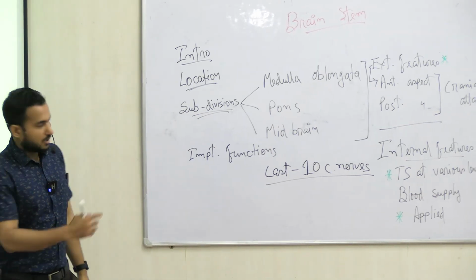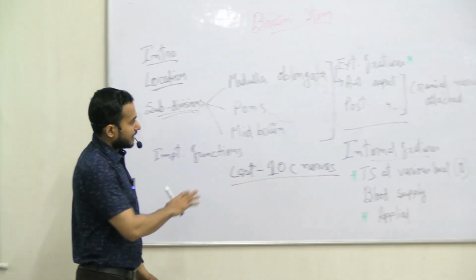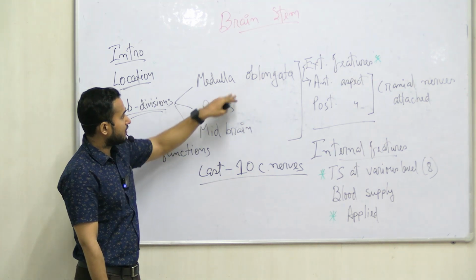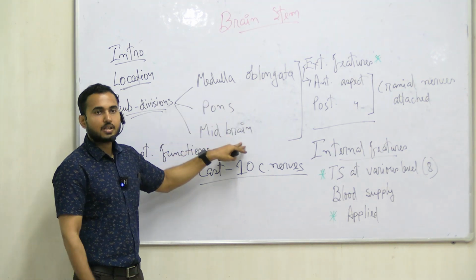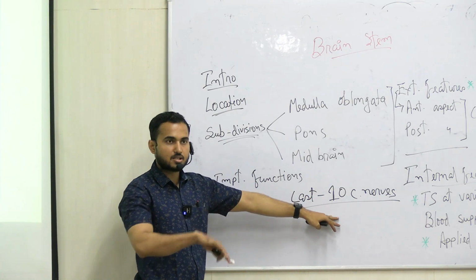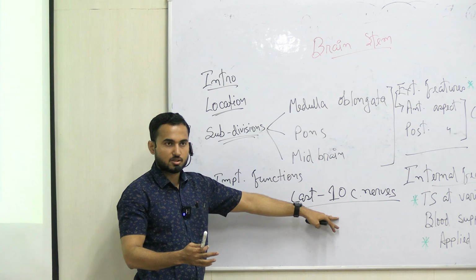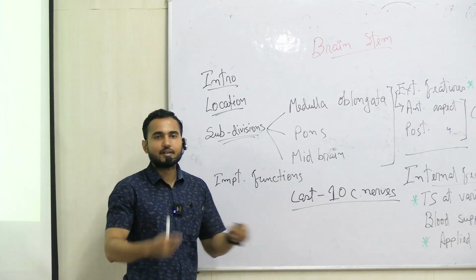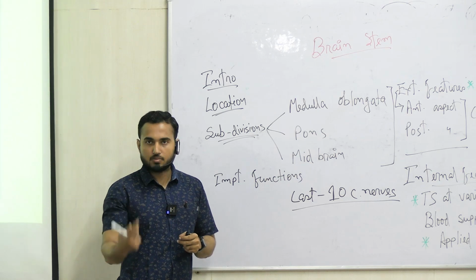You will notice one thing, that as we discuss the medulla, pons, midbrain, you will come to know where each and every cranial nerve, the last 10, is attached. In external features you will only see the fibers from where they are coming out.